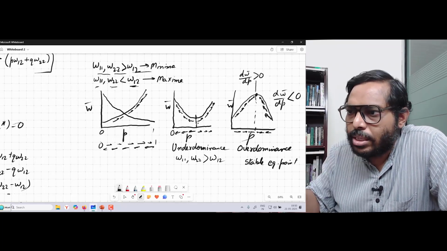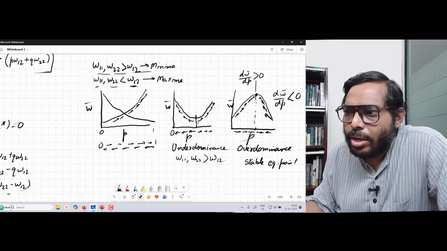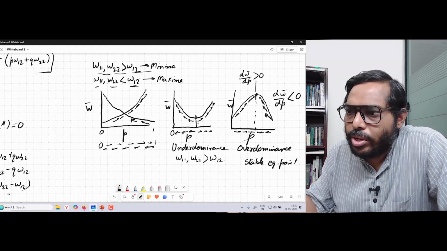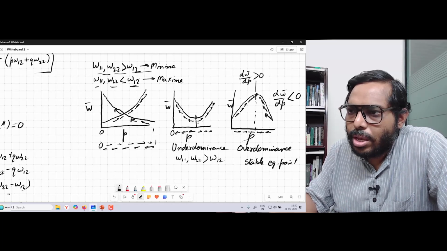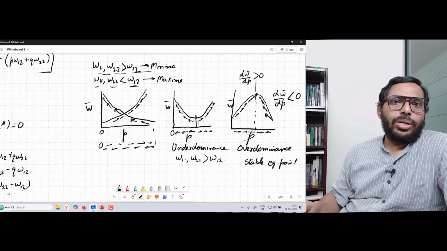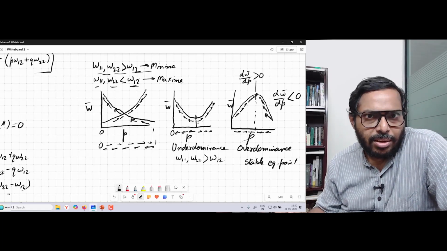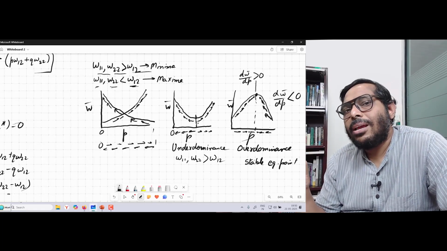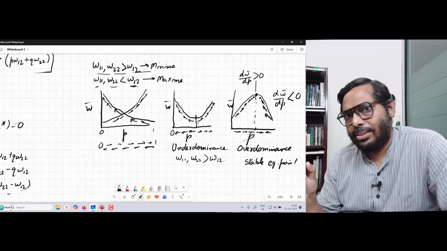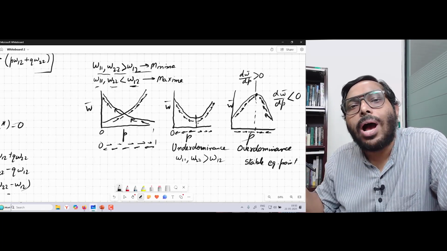For the other one, this is negative, and therefore the average fitness will go like this, delta p will keep on reducing, and the average fitness will go like this. In other words, in all the graphs that we are seeing, the average fitness of the population is always going to go up.